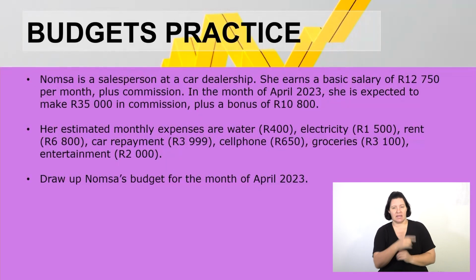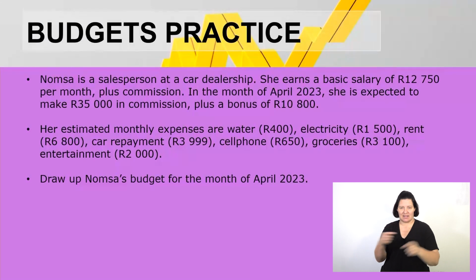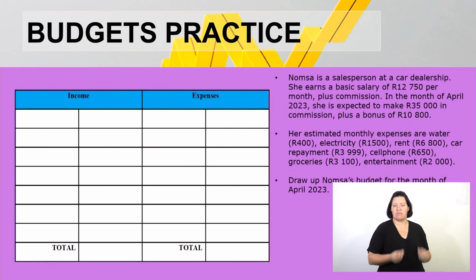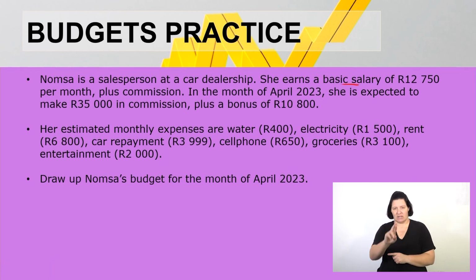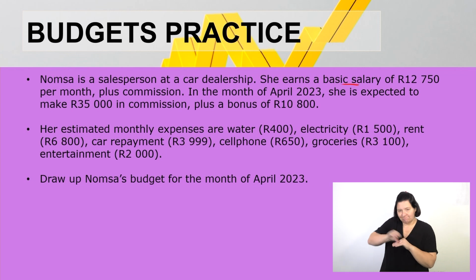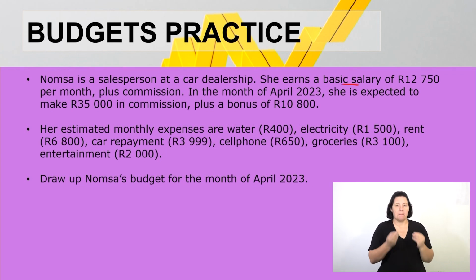We are saying here, Nomsa is a salesperson at a car dealership. She earns a basic salary of 12,750 Rand per month plus commission. In the month of April 2023, she is expected to make 35,000 Rand in commission plus a bonus of 10,800 Rand.